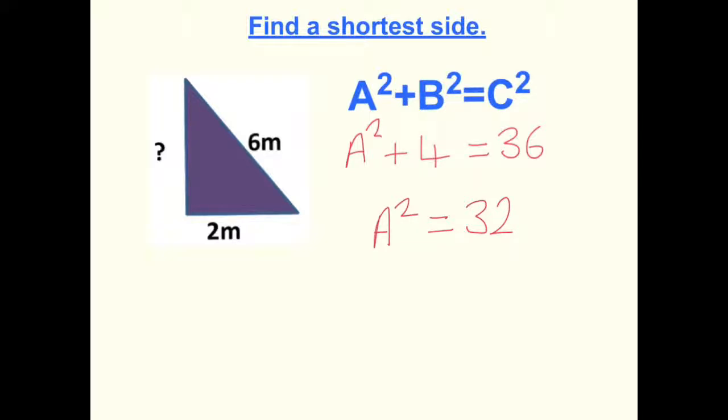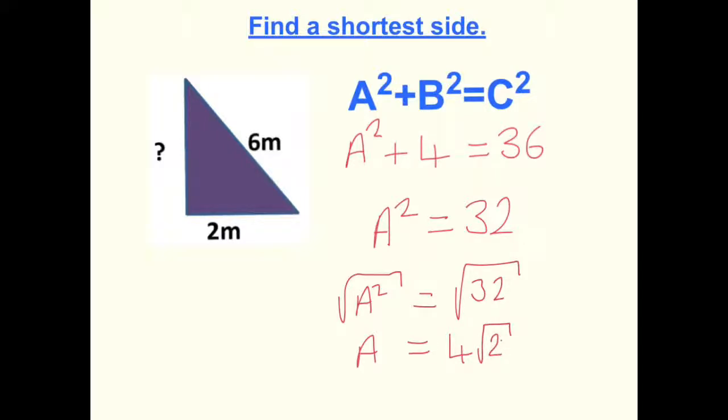All right, now remember, we want the value of a, not a squared. So in order to cancel out that squared, I need to square root. So I'm going to do the square root of a squared, and I'm going to do the square root of 32. And that will give me a equals, now on your calculator you may well get this answer to start off with, 4 square root 2.